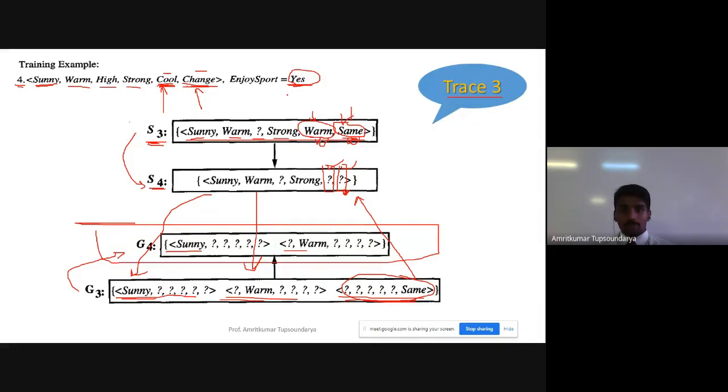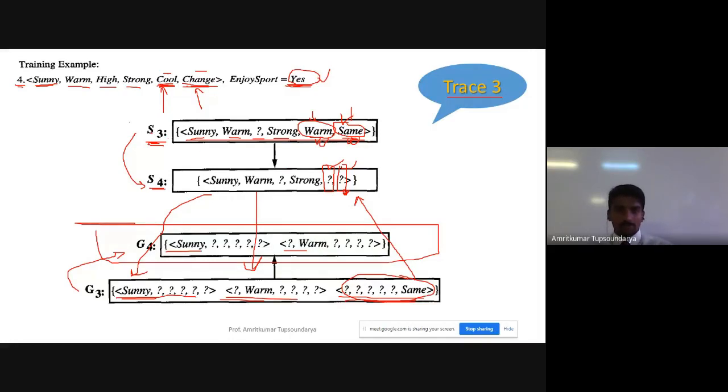But our target concept is a positive training example, so we have to consider these attribute values, cool and change, also. If we want to consider it, we have to replace these warm and same values with the question mark symbol. The question mark denotes that both values will be accepted here, or any value is accepted.